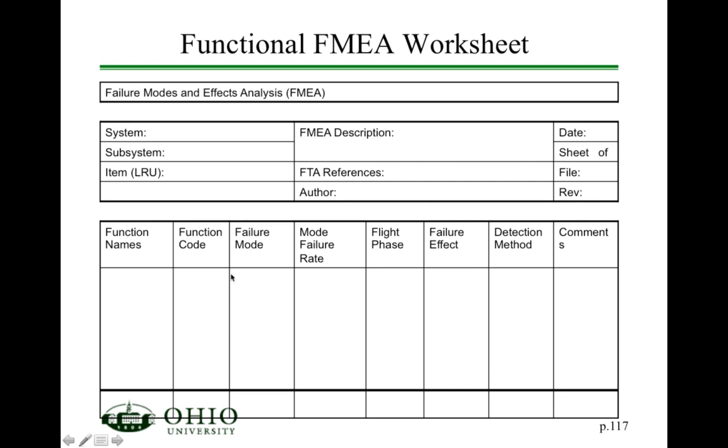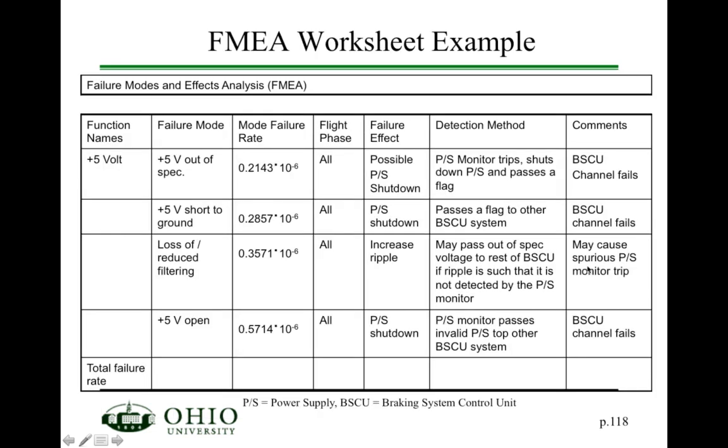Is this an open? Or a decrease in voltage or a specification number? I also identified the failure rates at which you think that would happen, the phase of flight during which this happens, and I'm going to evaluate what the effects of the failure are. Can I come up with any detections or any commentary if I have some?